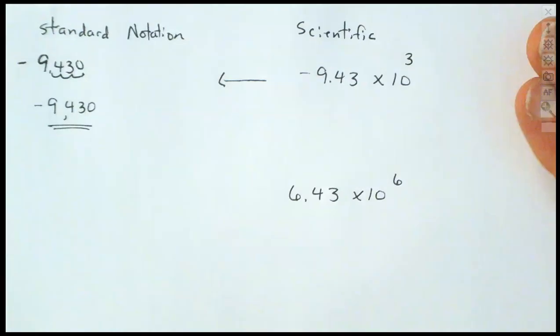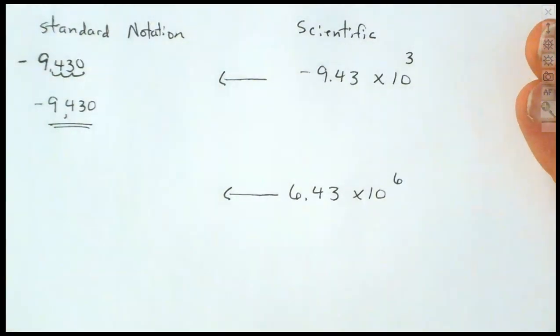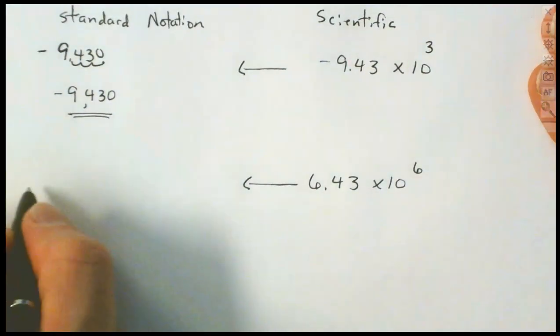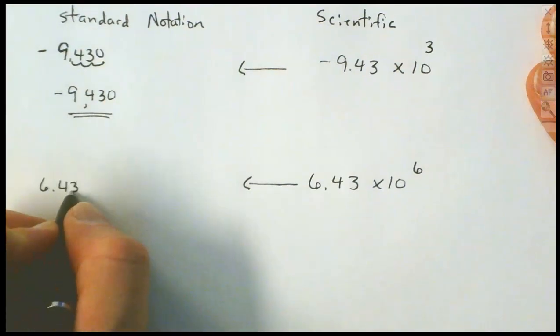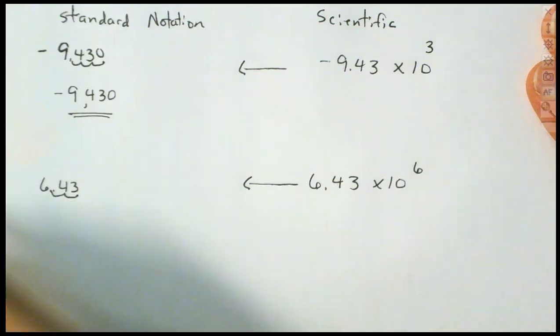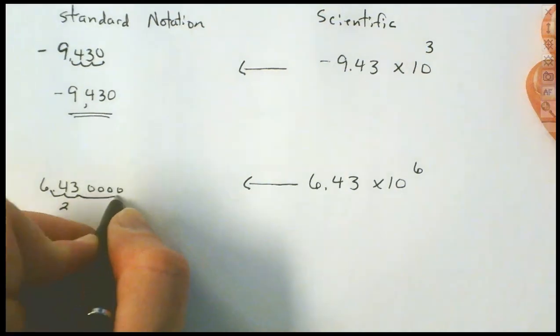This one's going to be a little bit larger. This is scientific notation. We're going to convert this now to standard. How many places do we have to move? 6. So there's 1, 2, and then 4 more. So there's 2, and then 1, 2, 3, 4 zeros.